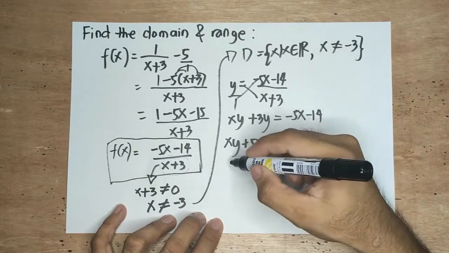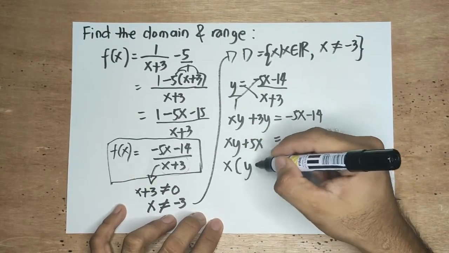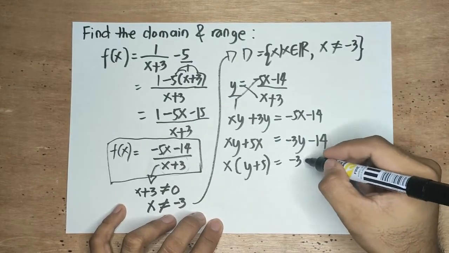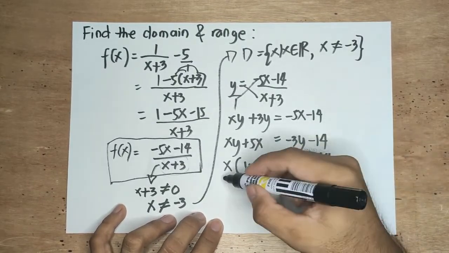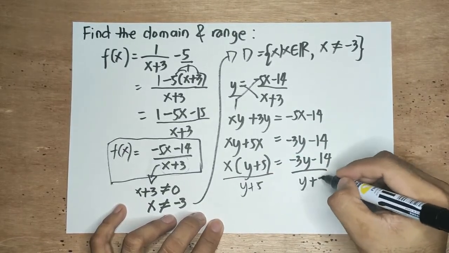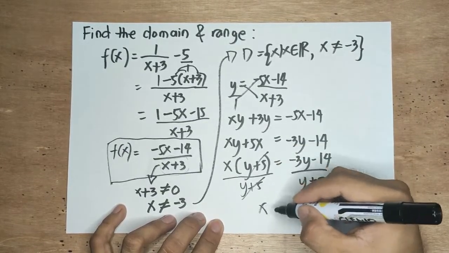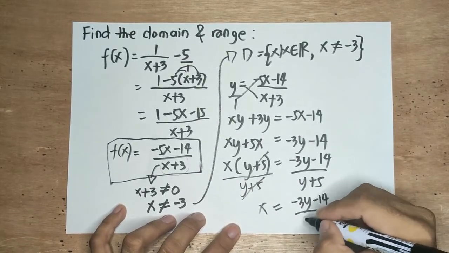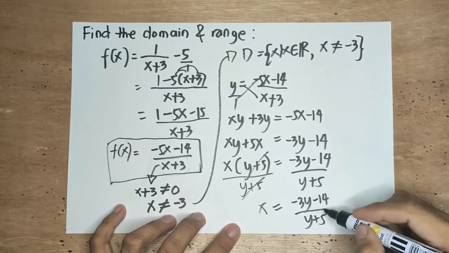So factoring this out, we have x times y plus 5 is equal to, we just copy, negative 3y minus 14. Divide both sides by y plus 5. So we have x is equal to negative 3y minus 14 all over y plus 5. So we consider the denominator.